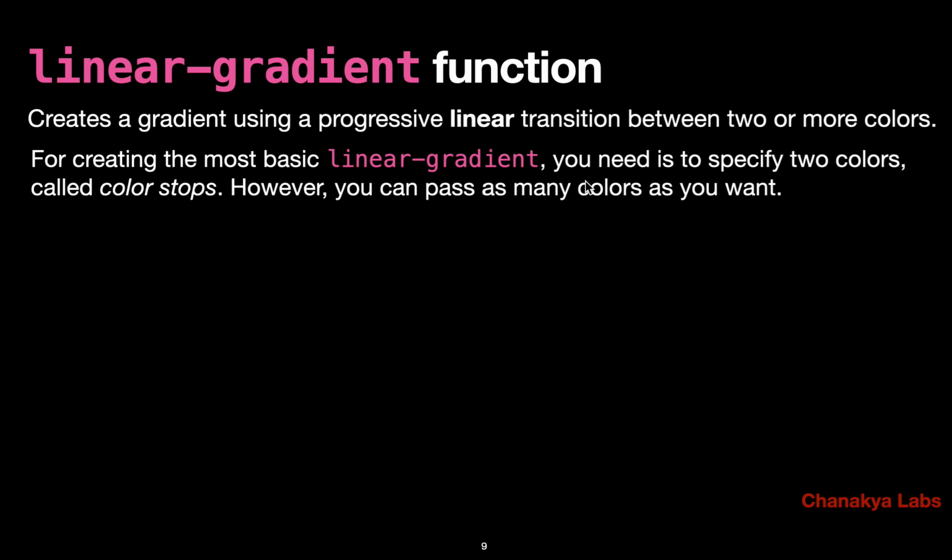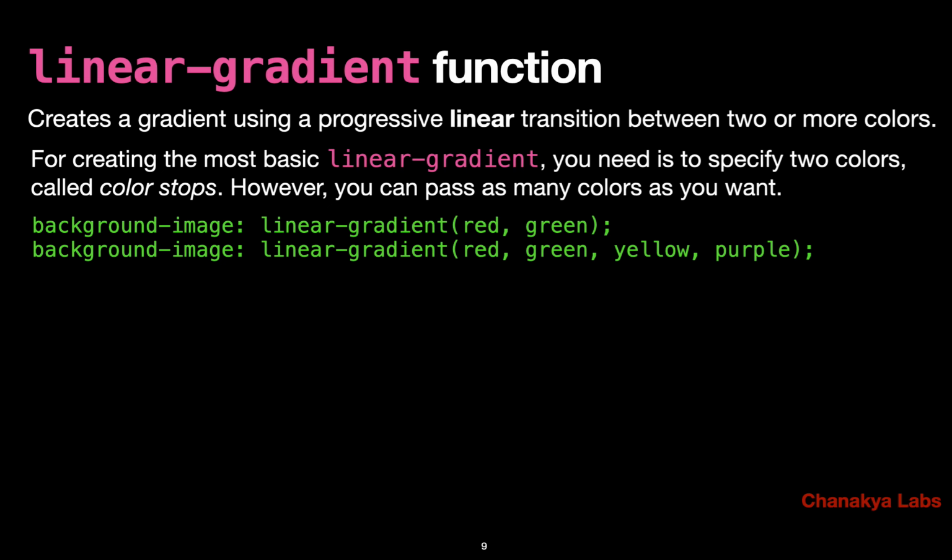So you can pass more than two color stops also, but at least two color stops are needed. Obviously, right? We have to go from some color to another color. So at least two colors will be needed, and then we'll see that we can use third, fourth, fifth color also. So the basic syntax is something like this.